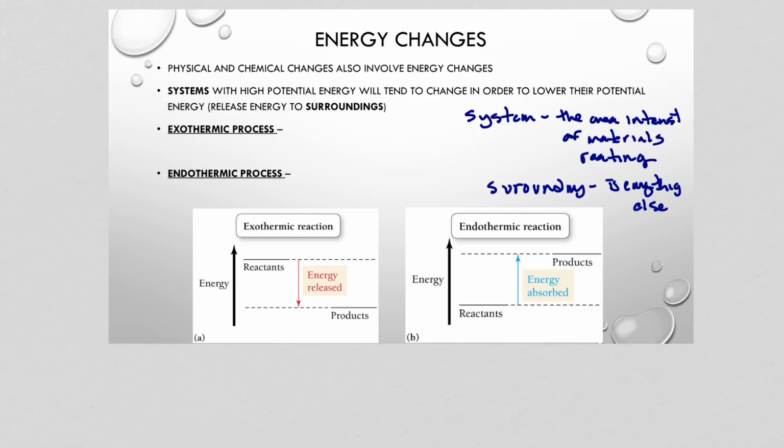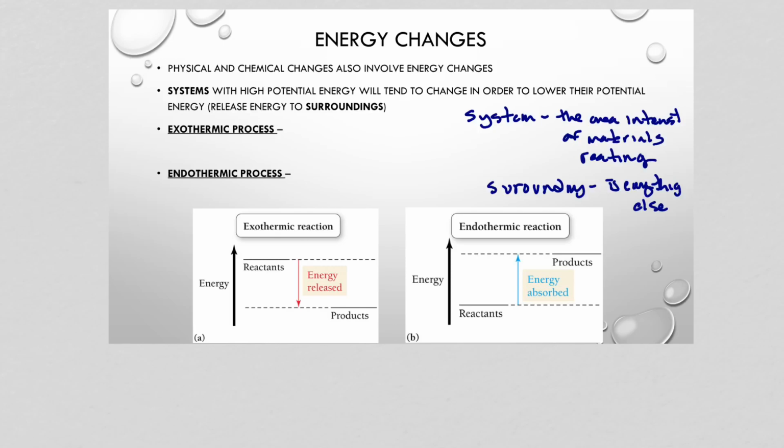And so by looking at it this way, we can think about energy transfer or energy moving from the system to the surrounding or from the surrounding into the system when we think about that transfer of thermal energy.